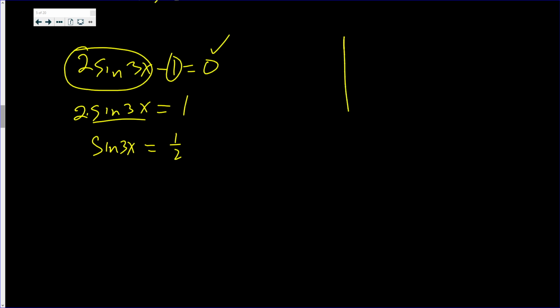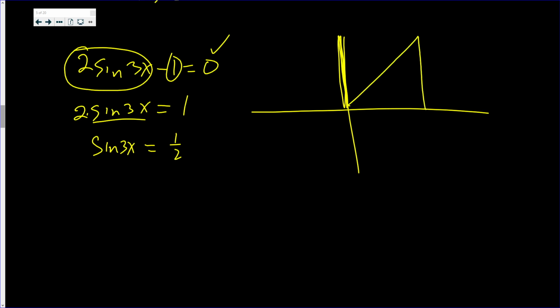Well, between 0 and 360, the sine equals a half when the opposite is positive. It's going to equal a half in either one of those quadrants. So 3x can be, let's see, the sine of 3x is 1 over 2.